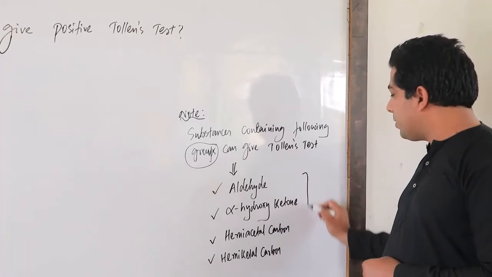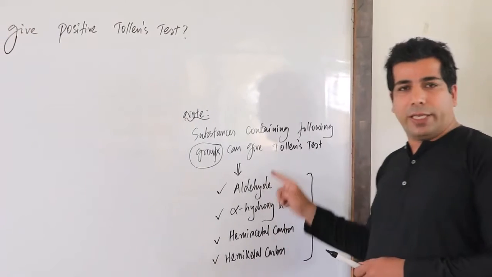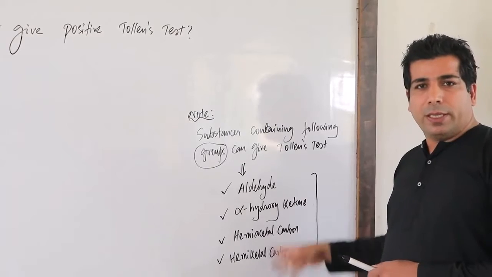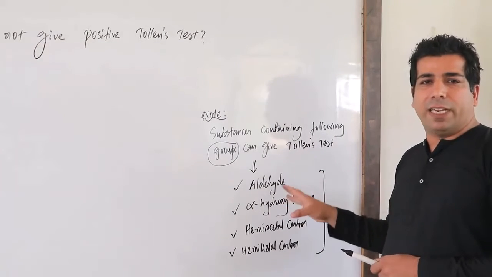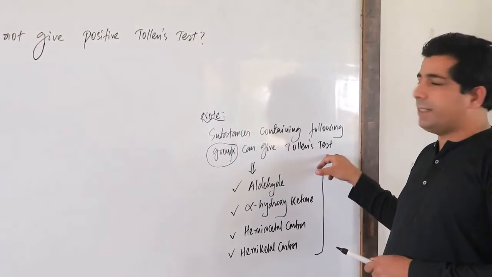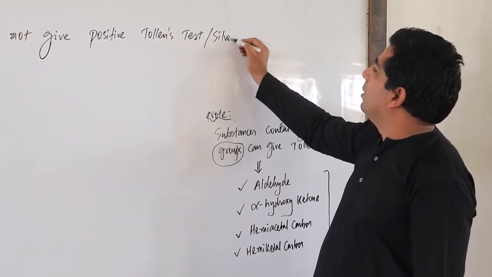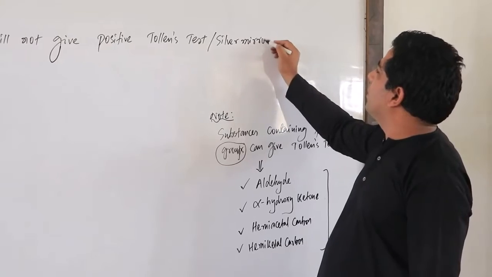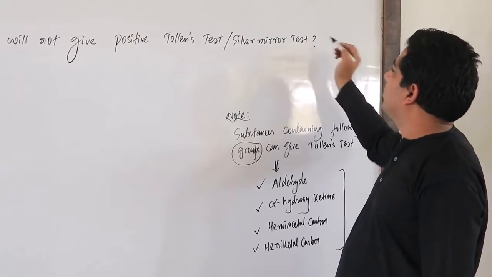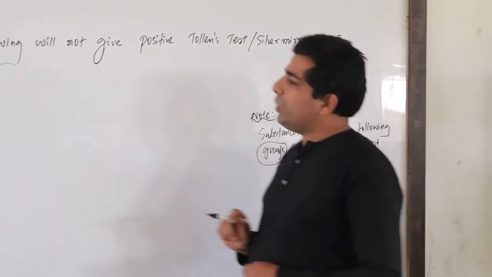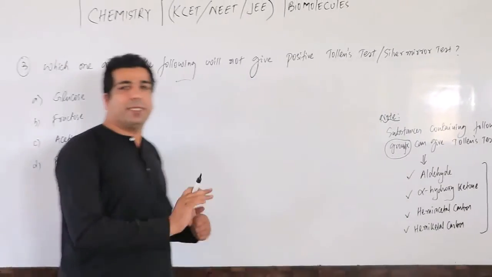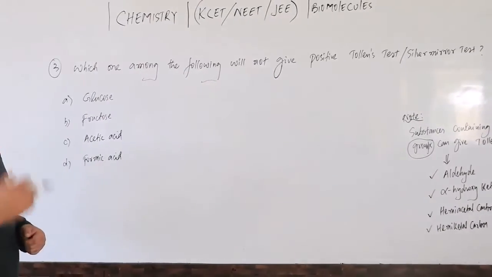So if any substance contains these groups, that substance will definitely give us Tollens test. Tollens test is also known as, you can remember, silver mirror test, my dear friends. Correct? But I should talk about that substance which does not give Tollens test.